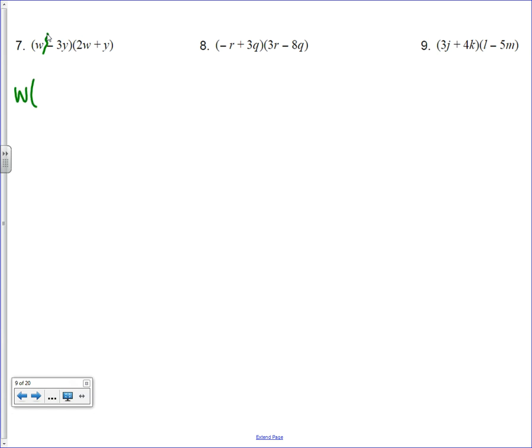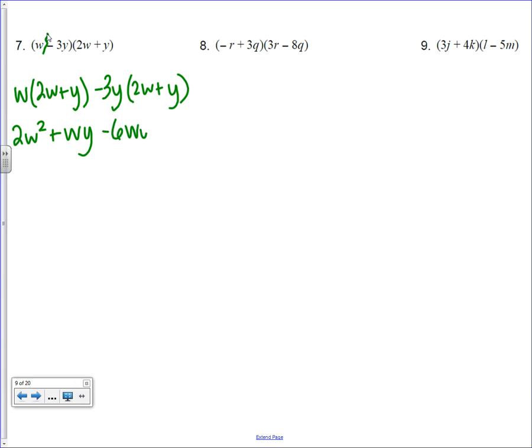I get w times 2w plus y, and then minus 3y times 2w plus y. Distribute, I get 2w squared plus, now this is going to be wy if I keep that in alphabetical order. This will be minus 6wy, and then minus 3y squared. Again, my middle terms go together. That's 1wy minus 6wy, which will give me negative 5wy's.